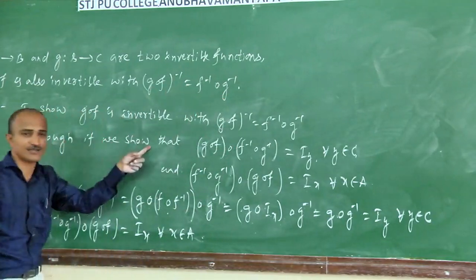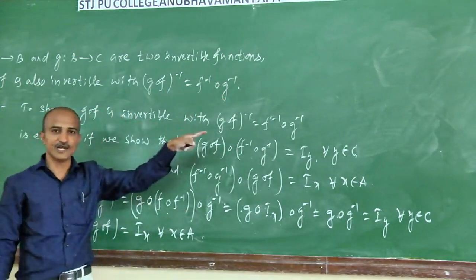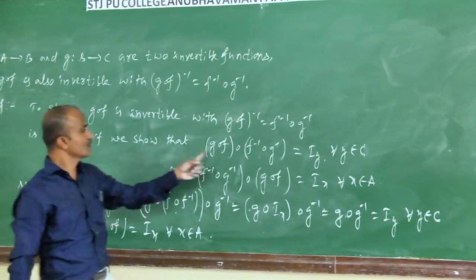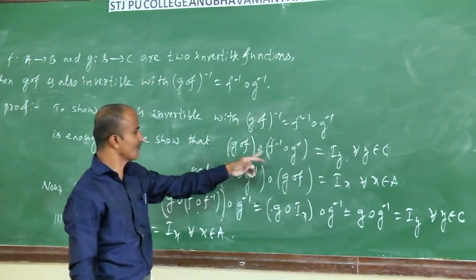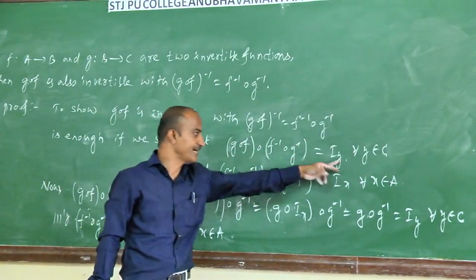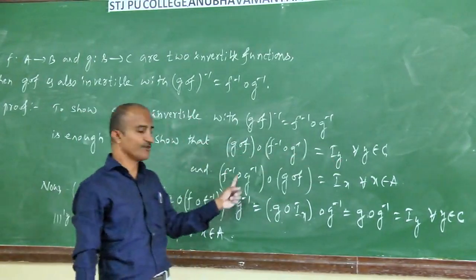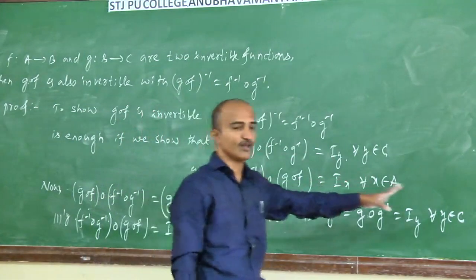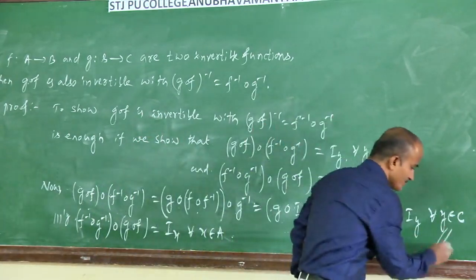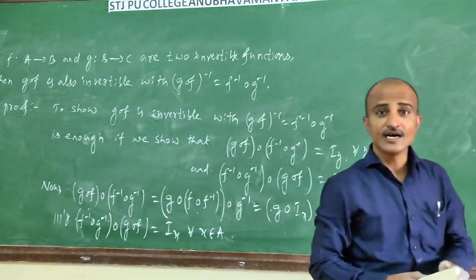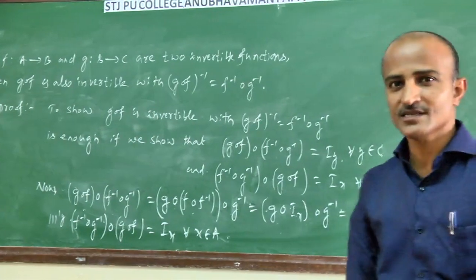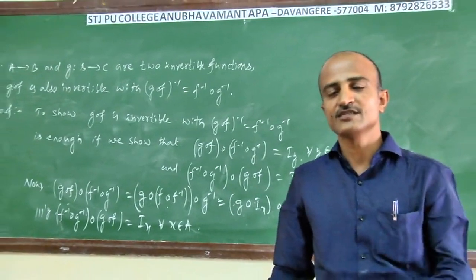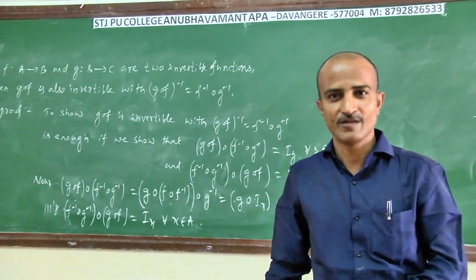Here already we have written that to show that g∘f is invertible, it is sufficient if you prove that (g∘f)∘(f inverse ∘ g inverse) is I_y, and f inverse ∘ g inverse ∘ (g∘f) is I_x for all x belongs to A. So now in the next classes we will discuss how to find the inverse of a function by showing that the given function is invertible.